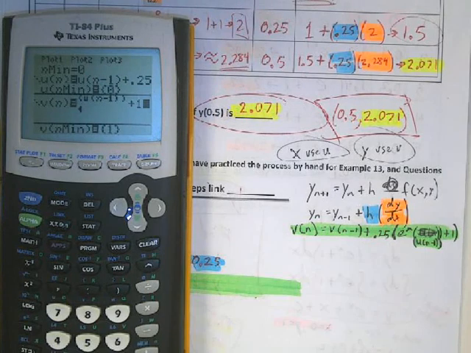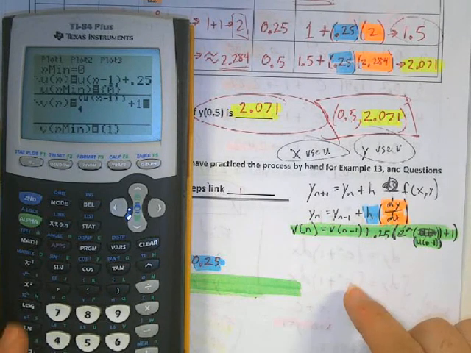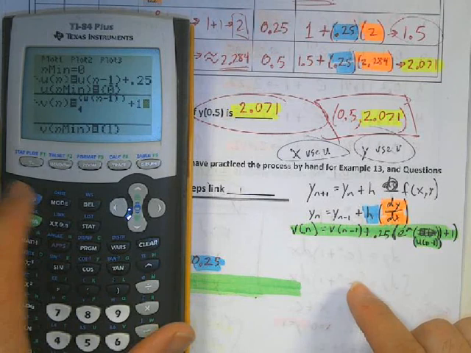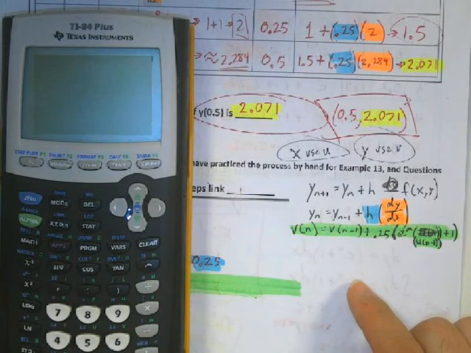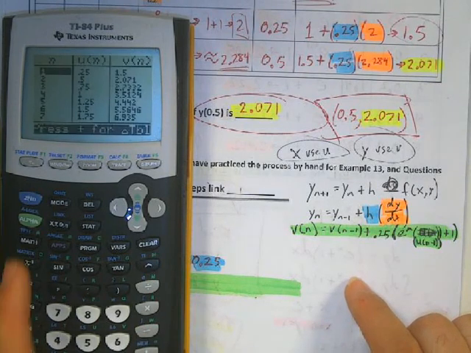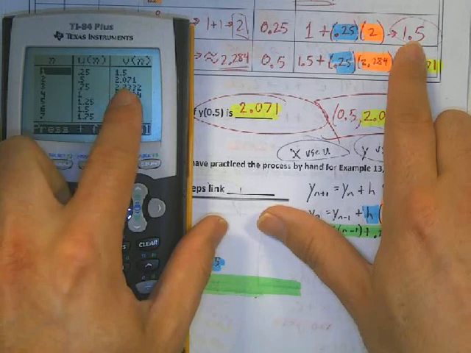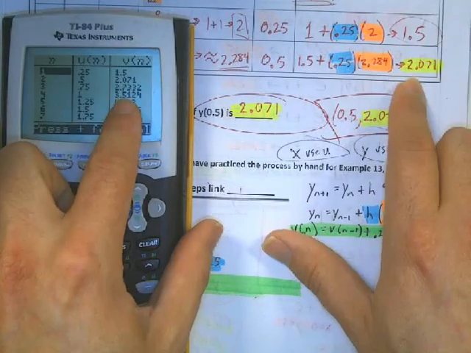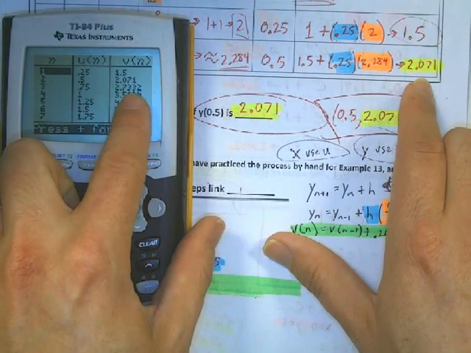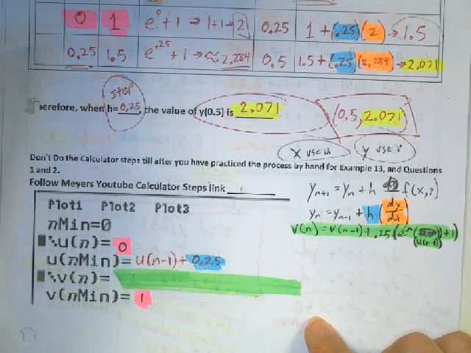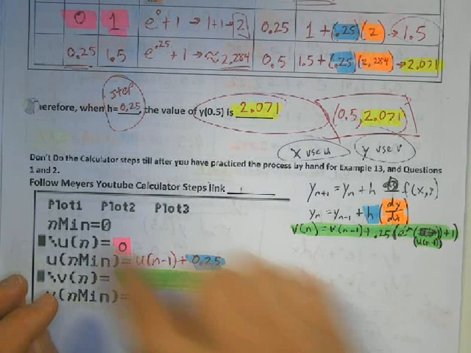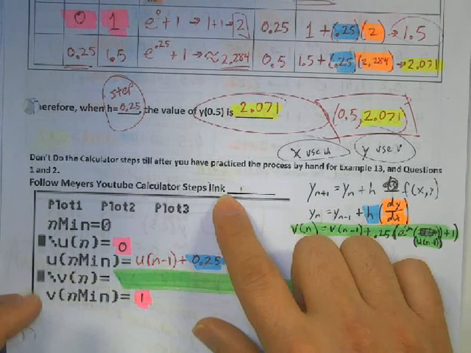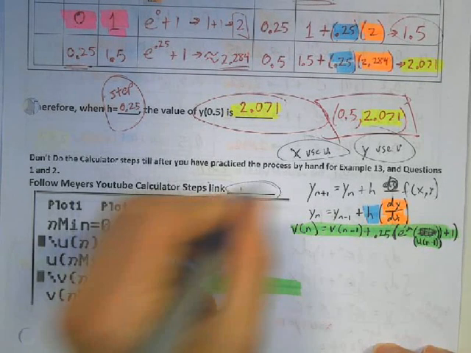And then second graph to get my table. You're going to see my values here are the same: 1.5, and then this one is 2.071. Okay, so let's do another one.